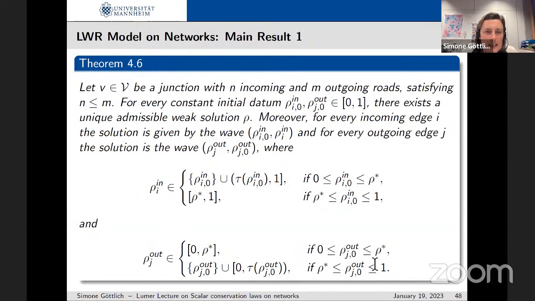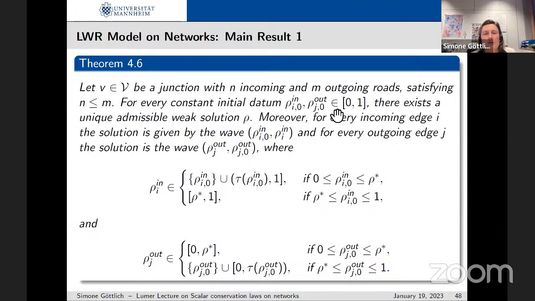So this result can be generalized to a junction with n incoming and m outgoing roads. So far I've presented n equals 1 and m equals 2, but this can be generalized.